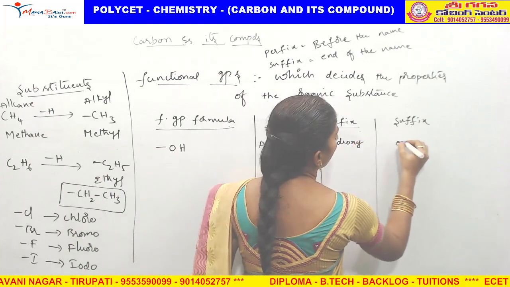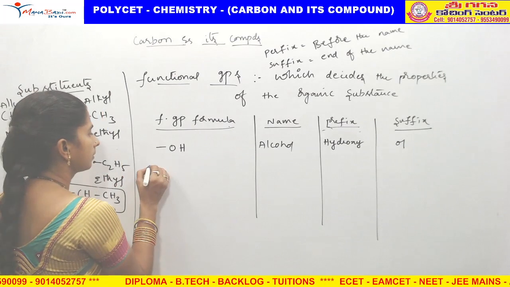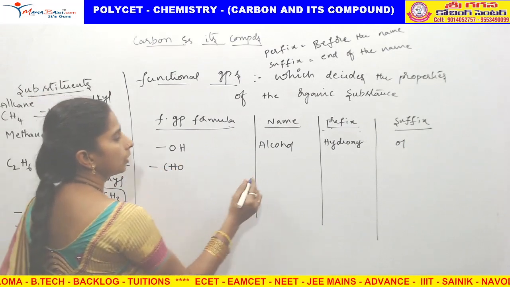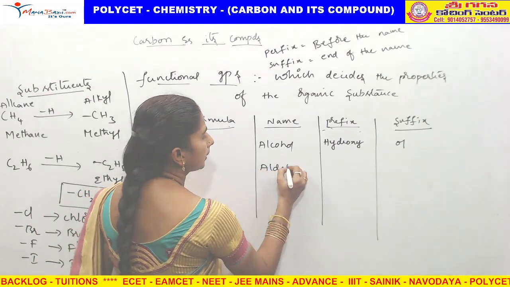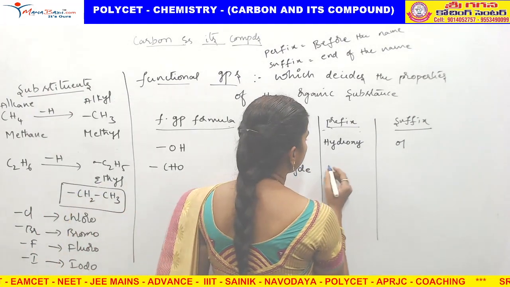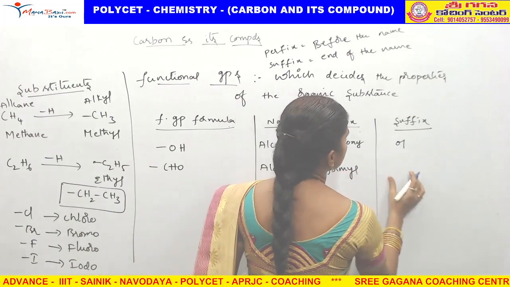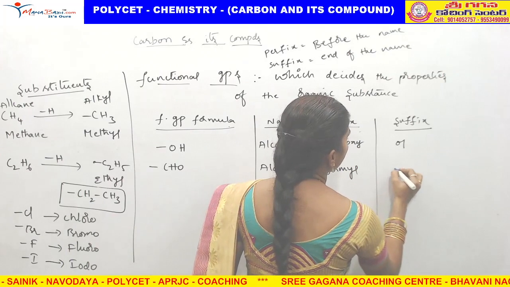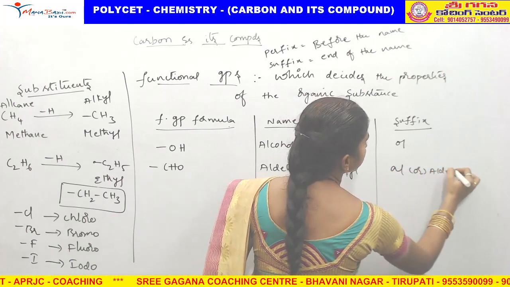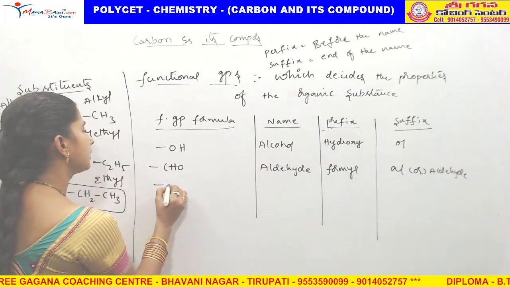Suffix is ol, that's all. And CHO is called aldehyde. Aldehyde prefix is formyl. Suffix is al, or aldehyde.